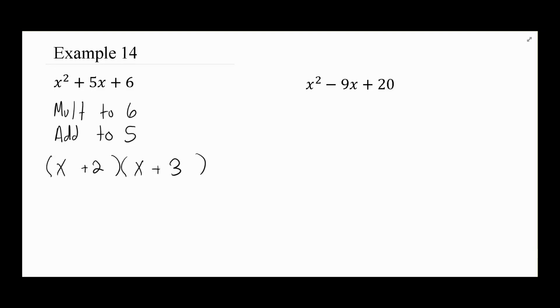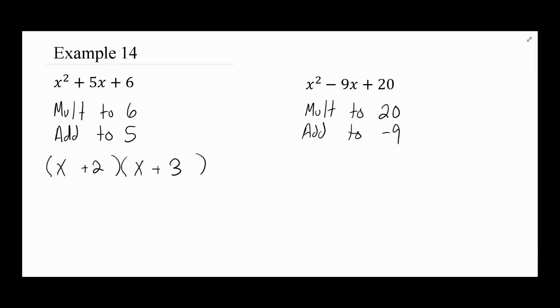So for the second part of this example, on this one we're looking to say, I want to multiply to equal positive 20, but add together to equal negative 9. Now the fact that I'm multiplying together to equal a positive number tells me either both my numbers are positive or else both of them are negative.